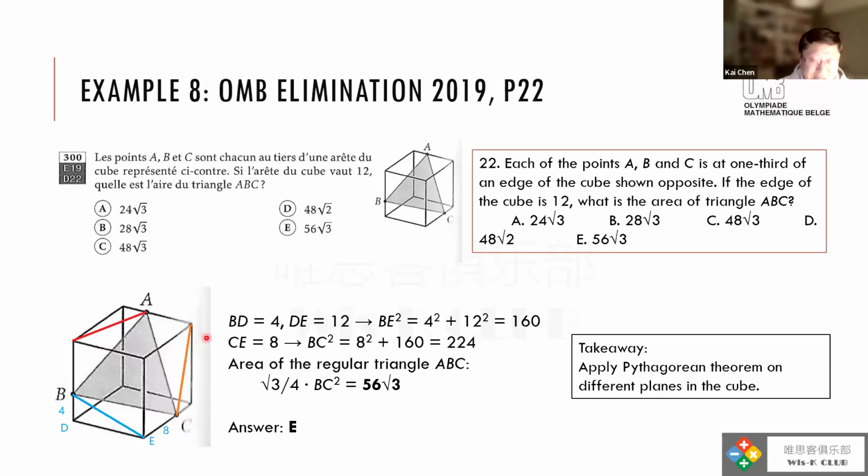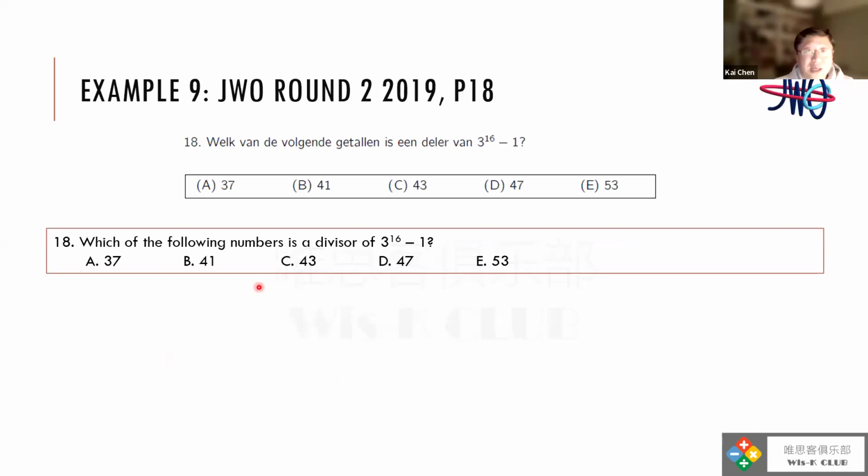Now let's take the last four examples, from EAVO. Which of the following numbers is a divisor or a factor of 3 to the 16th minus 1? So 3 to the 16th power minus 1.